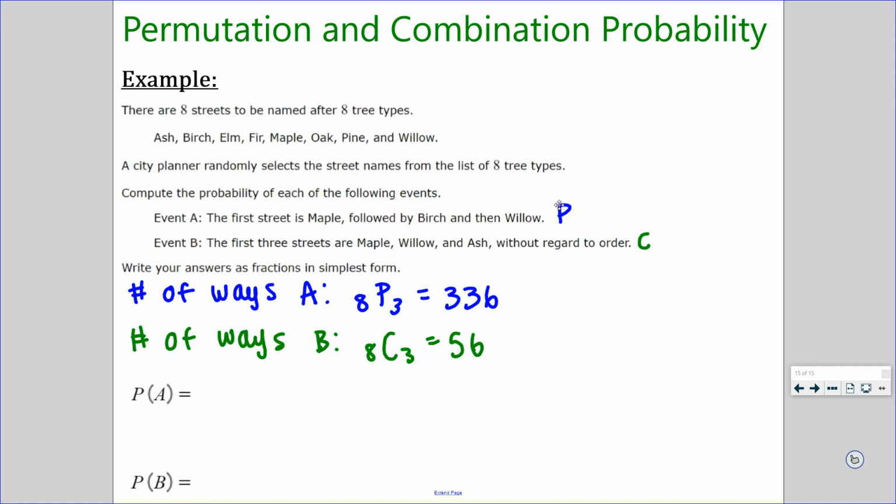Everybody remember how to use the permutation and combination buttons in the calculator? Okay, good. All right, so probability that A would happen would be 1 out of 336. B, 1 out of 56.